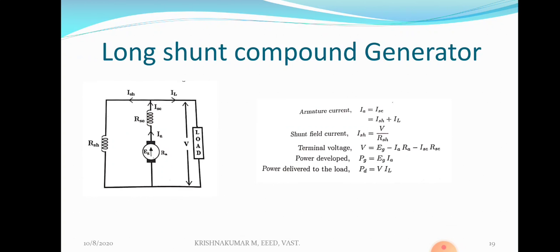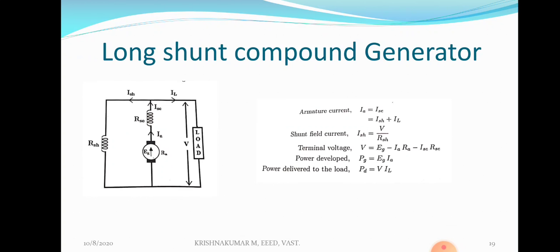It is classified into two: cumulative compound generator and differential compound generator. I am repeating. If the flux produced by series field winding helps the flux produced by the shunt field winding, total flux or resultant flux increases, generated EMF EG increases. That type of generator is known as cumulative compound generator.